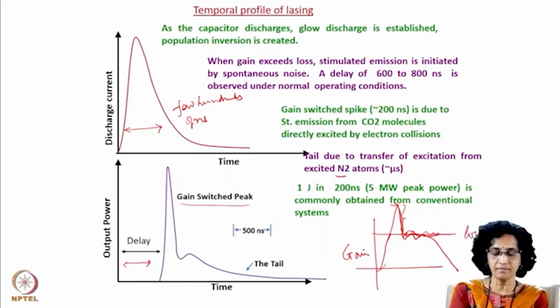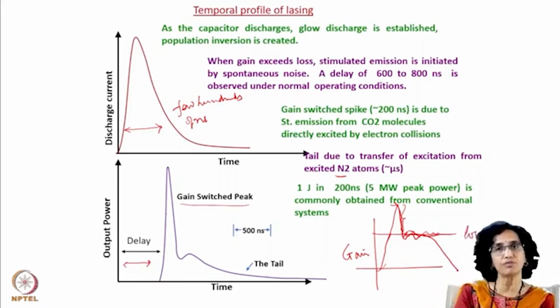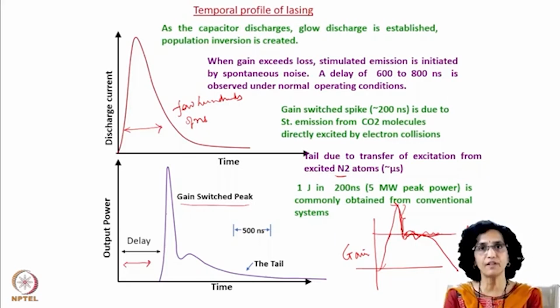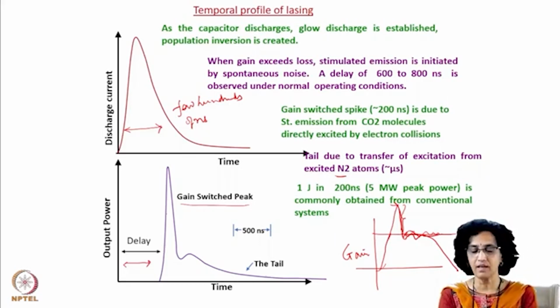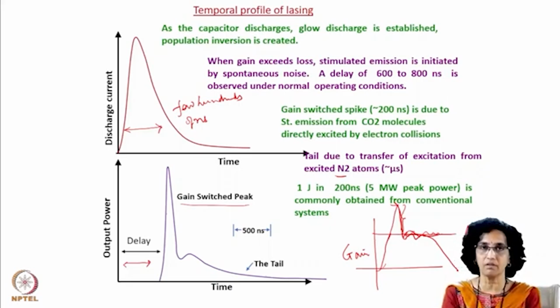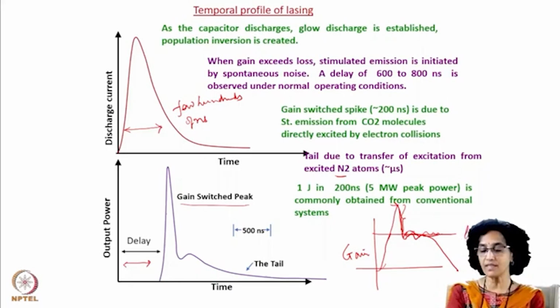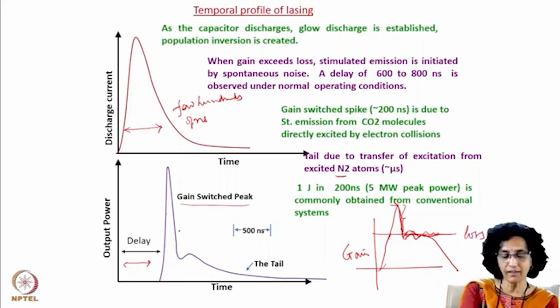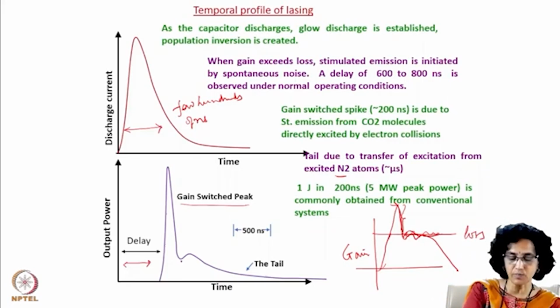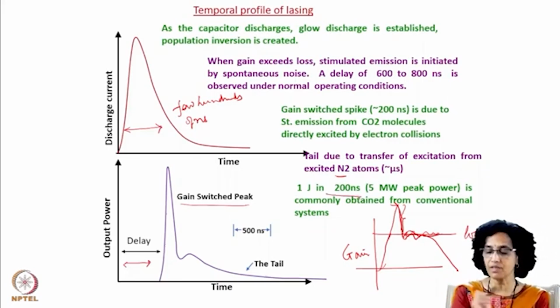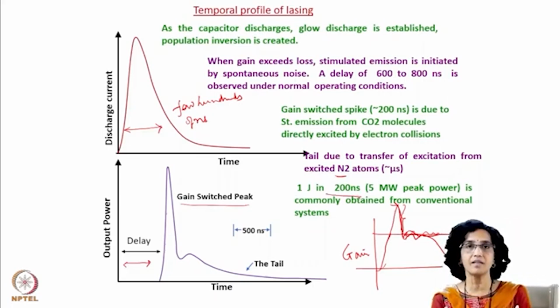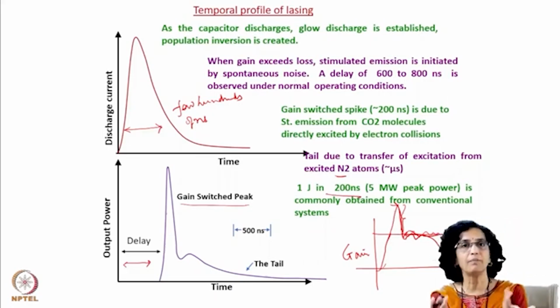So typically you can get about a few joules of energy from a conventional CO2 laser. You can go up to 2 joule, 3 joule are very commonly obtained. And if you just consider the gain switch spike, which is about 200 nanoseconds, you can get as large as maybe 10 megawatt peak power.